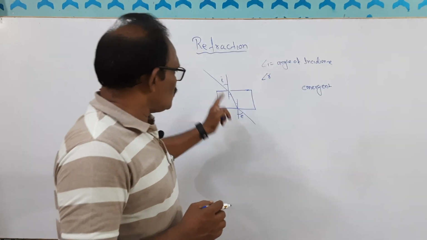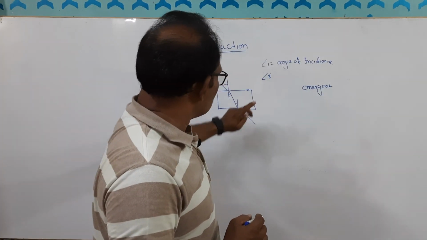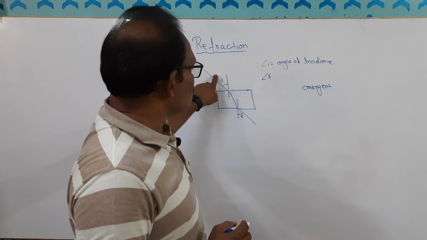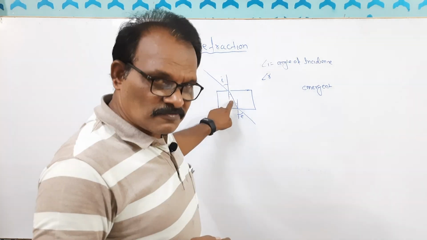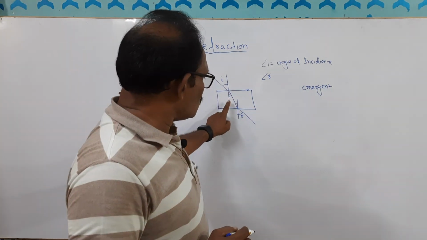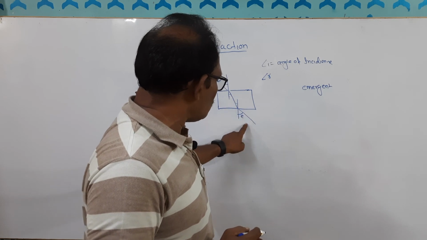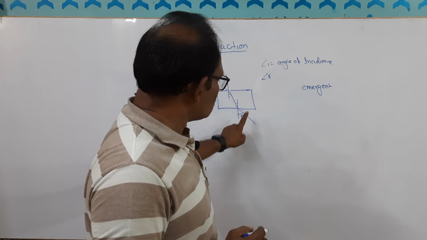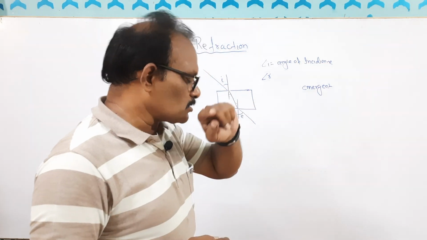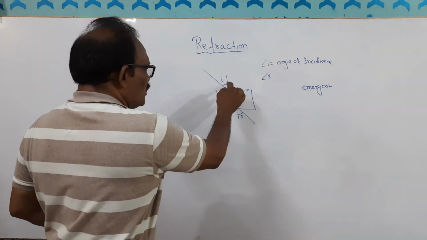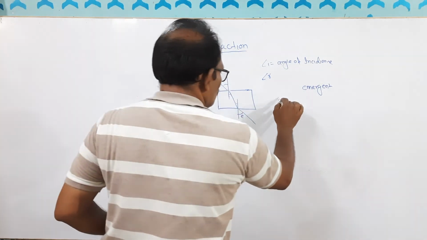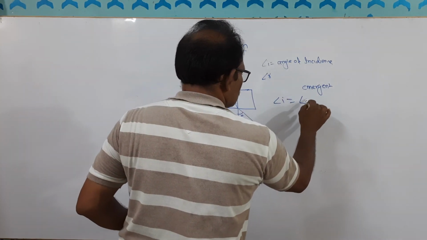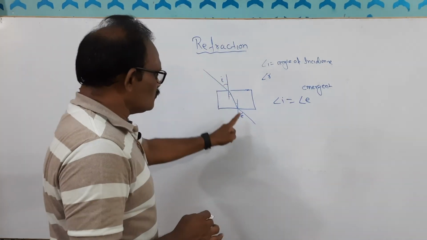Now you see here, when it crosses from rarer to denser, the angle of incidence is greater than the angle of refraction. But again, when it crosses from denser medium to rarer medium, the angle of refraction is less than the angle of emergent. But the magic is, angle I is always equal to angle E. It will be equal.